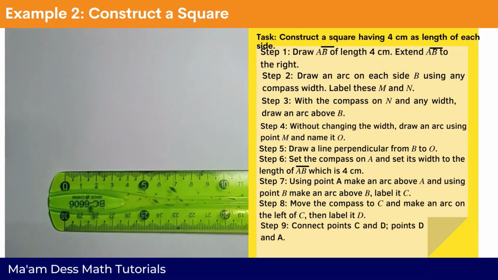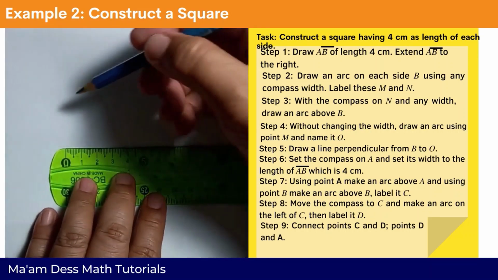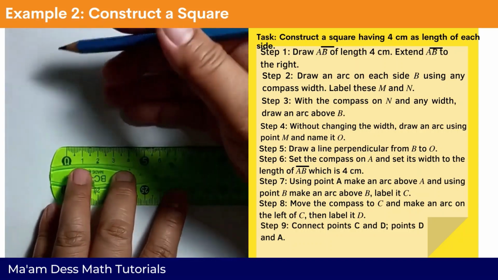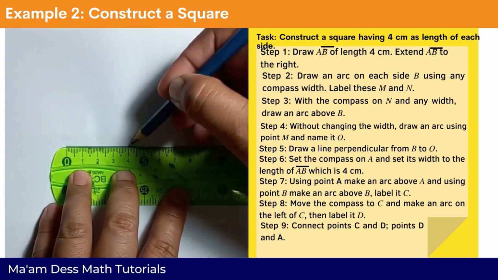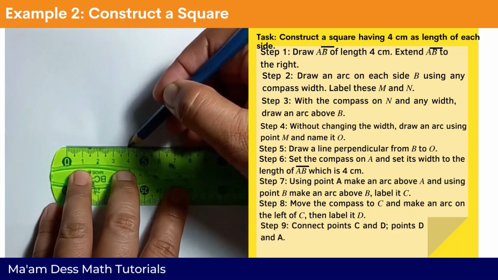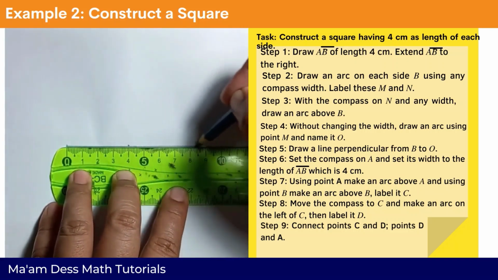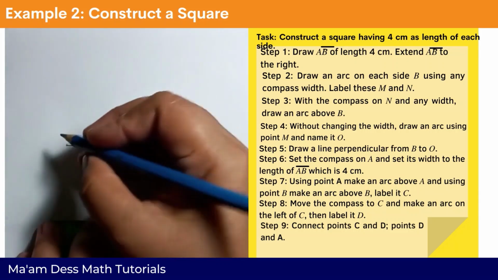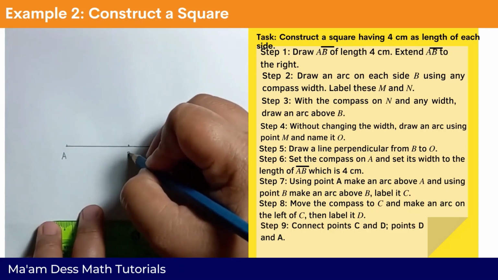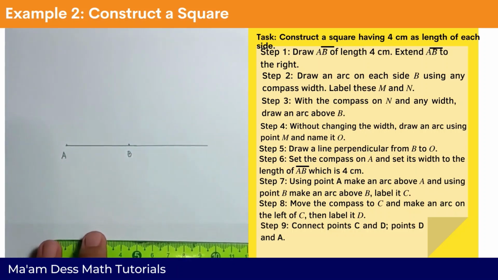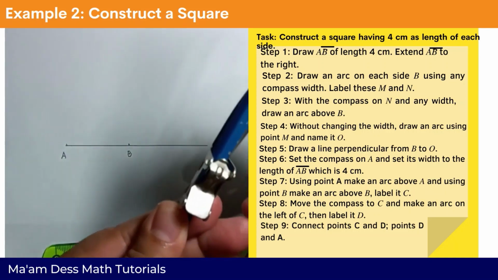So first, use the ruler. Locate the 4 centimeters. Let us make a line segment. Okay, here's your 4 centimeters. Okay, and then extend it to the right. This is point A. This one is point B. And now, with the use of compass, let us make an arc.